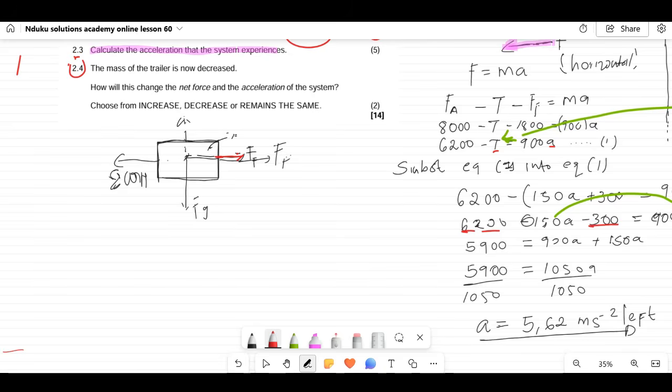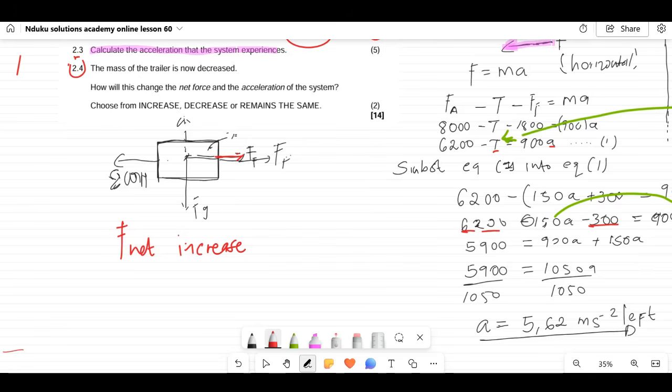So if you look at your net force, it means the forces that are opposing the force applied by the engine will have decreased. So your F net to the left will increase. F net has increased because now the resultant force would have increased.